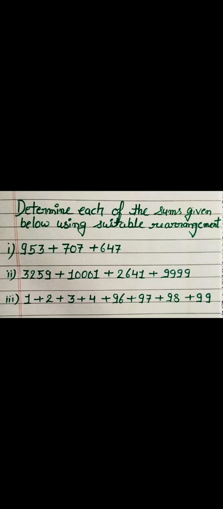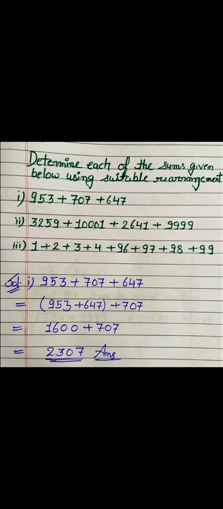Like as you are seeing here, in the first one, it is 953 plus 707 plus 647. Now if we add the first number and the third number, we will get the number which is having maximum zeros. So we will group these.